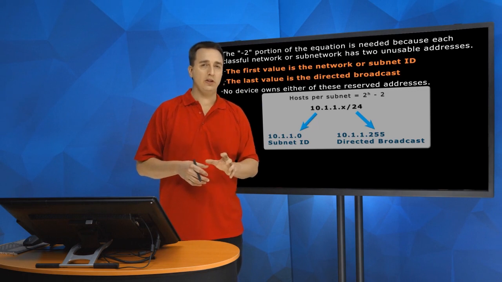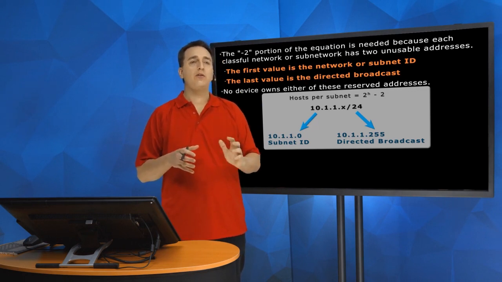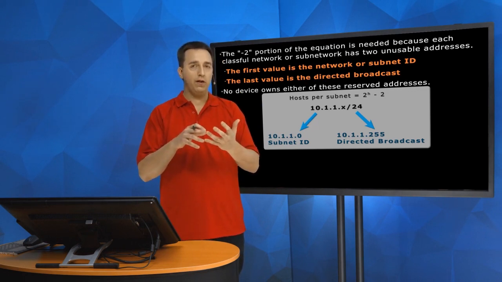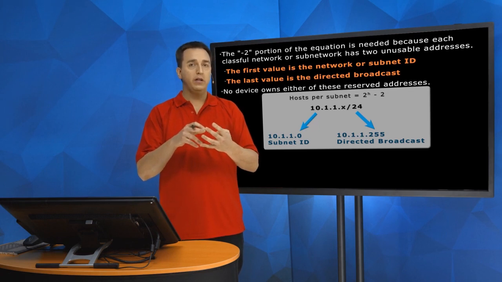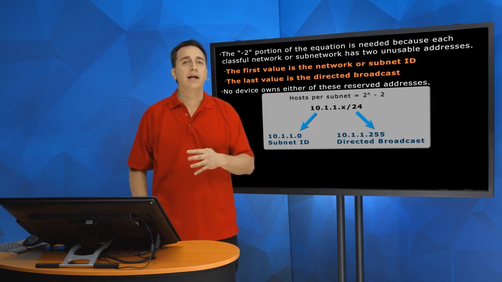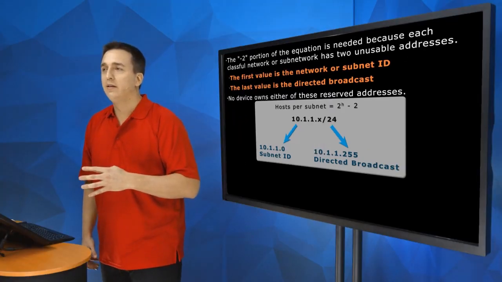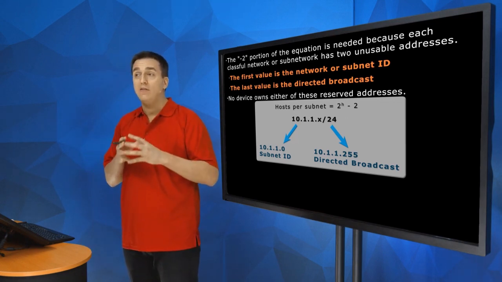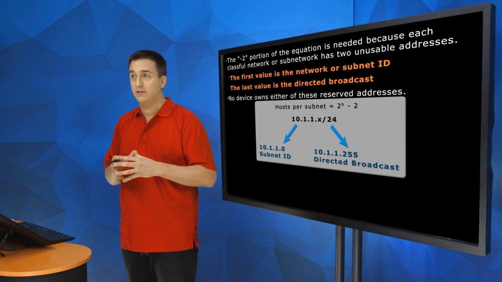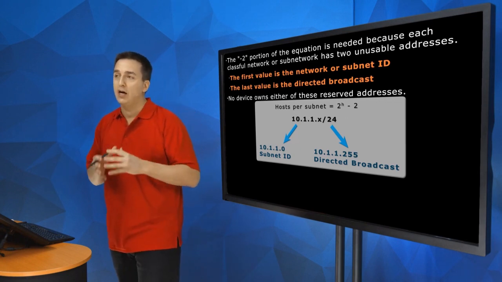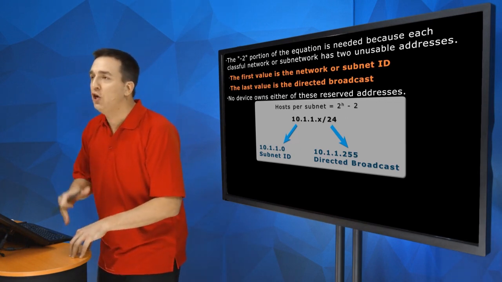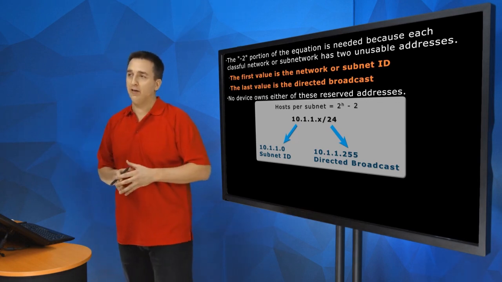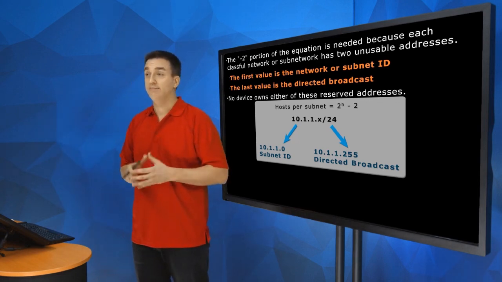If that confuses you, think about the address 255.255.255.255. What is that? That is the IPv4 broadcast address that allows you to talk to everybody in your local area network in one shot.